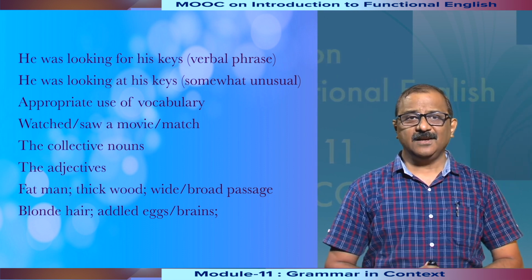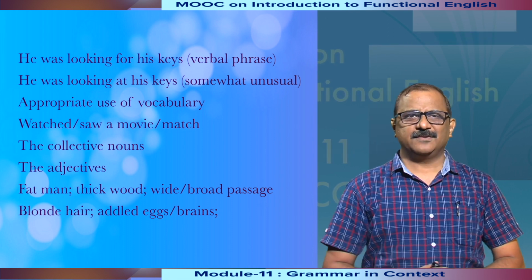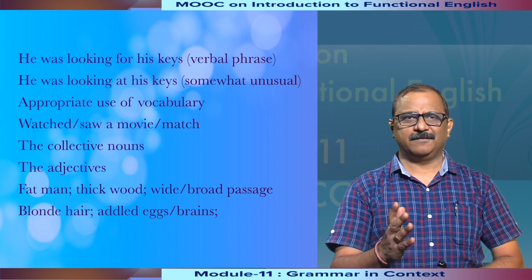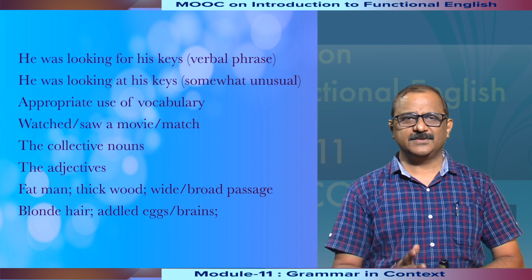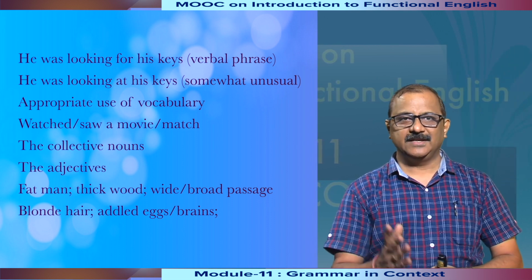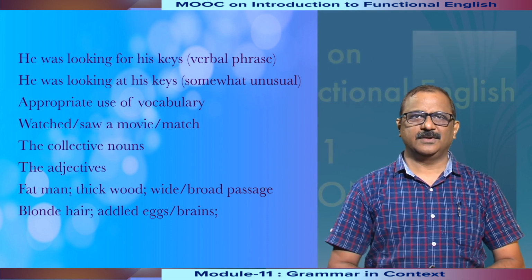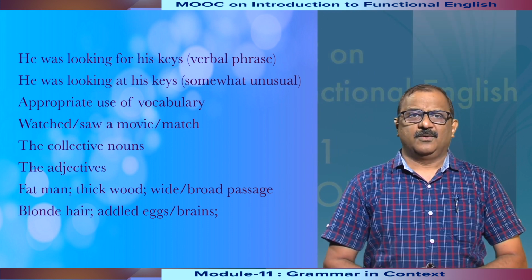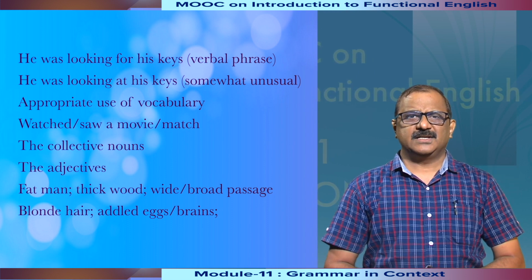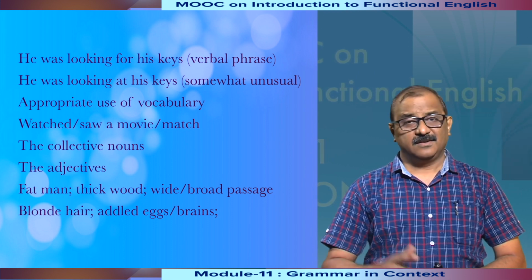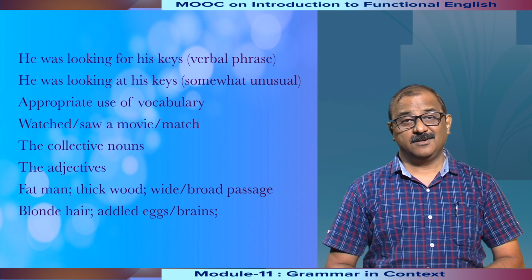Take examples of verbs like watch and see. I asked a student, where were you yesterday? He said, I was seeing a movie. The other student said, I was watching a movie.